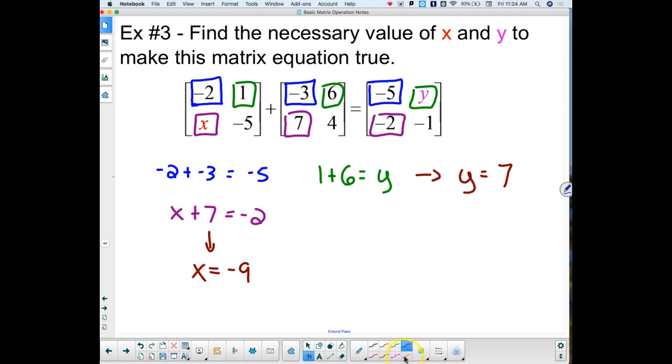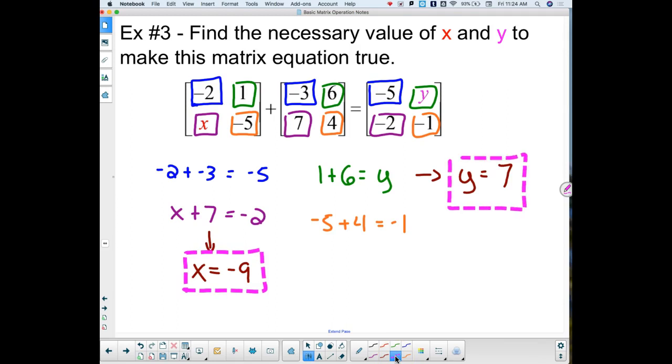Then, I'll go in a different color here. This one plus this one has to equal this one. -5 plus 4 has to equal -1, and -5 plus 4 is -1. Okay. So the two answers that we would have been looking for here would have been x equals -9 and y equals 7.